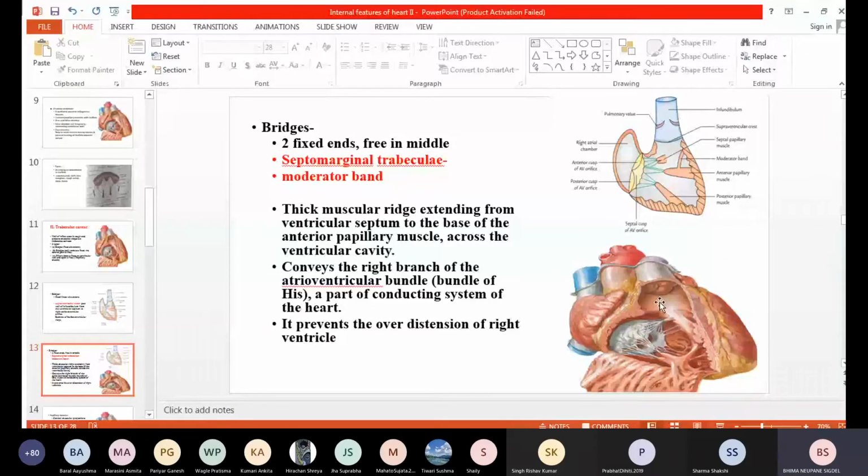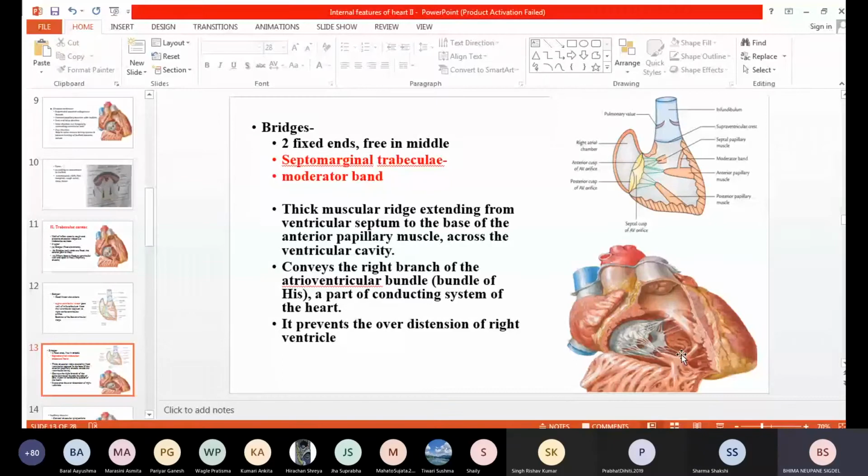So it extends from the ventricular septum to the apical part of the papillary muscle, this is the basal part of the papillary muscle. So this muscular bridge, the moderator band, extends from the ventricular septum to the base of the anterior papillary muscle, in the ventricular cavity only.